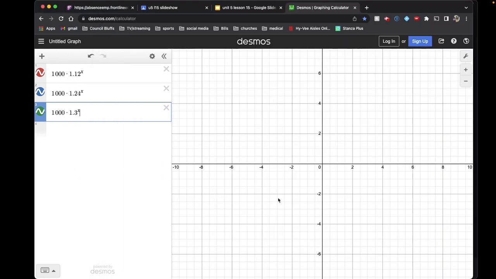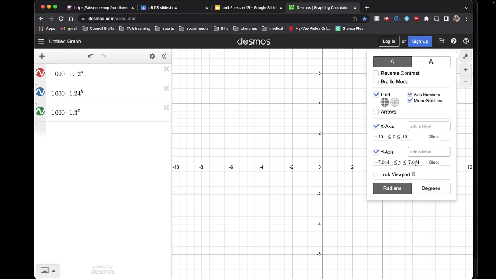You can see I can't see the graphs because they're starting at 1,000, and it only goes up to 6 to 8 here. So I'm going to click on the wrench and fool around with the window.